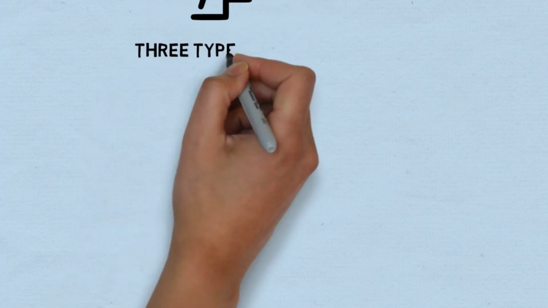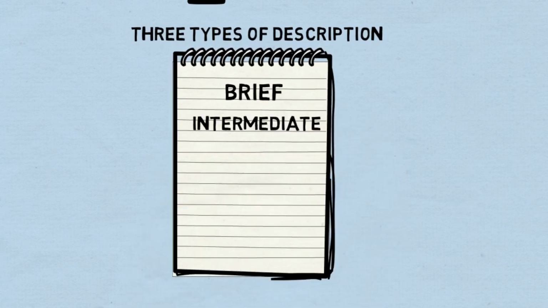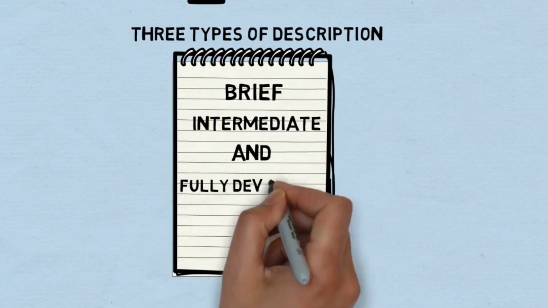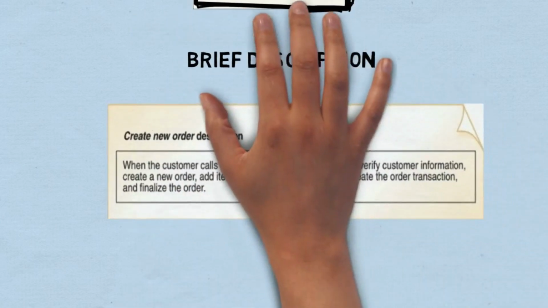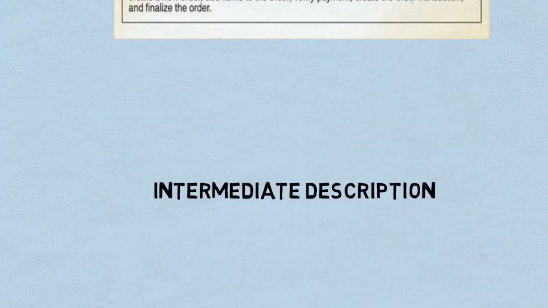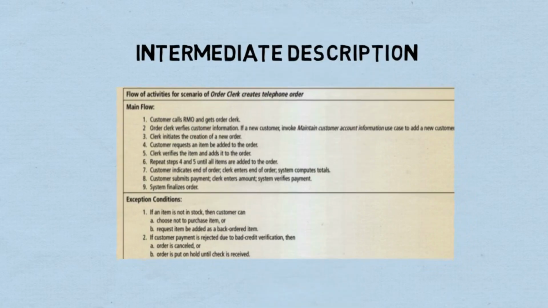There are three types of description: brief, intermediate, and fully developed description. Brief description is a summary statement conjoined to an activity diagram. Intermediate description is an expanded brief description with the internal flow of activities.